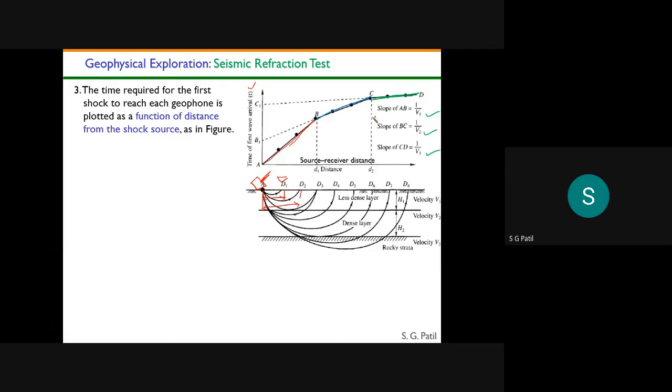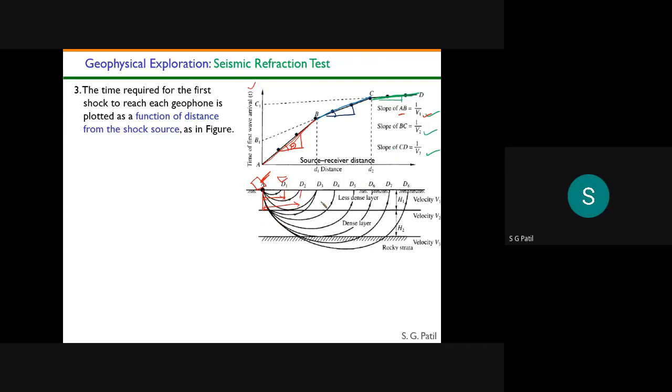Suppose for the velocity v1, you take the slope of this line: theta, tan inverse of opposite by adjacent, gives the slope of line AB, and if you invert it, I get the velocity v1. Similarly, for the velocity in the second layer, you take the slope of this line. For the third layer, again take the slope of this line and invert it, and I will get the velocity in the third layer.